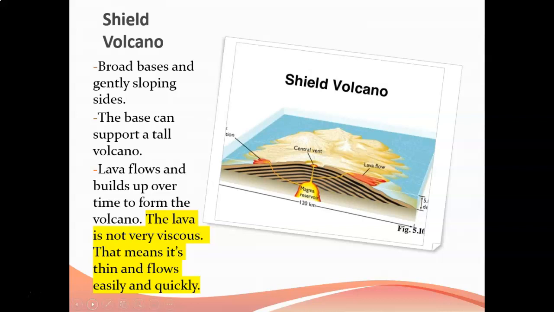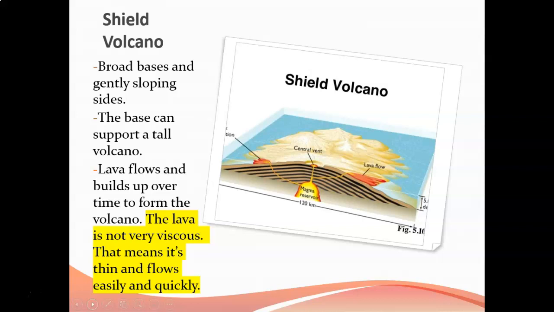The lava in a shield volcano tends to flow, and it builds up over time to form the volcano, and the lava in a shield volcano is not very viscous. In other words, it's thin and runny, maybe almost like water, probably a little thicker than that. But it's not super thick and slow moving.